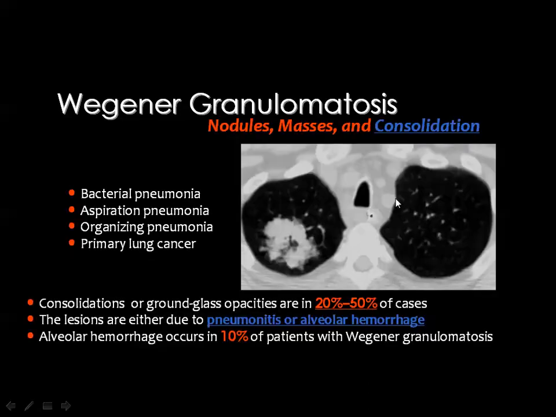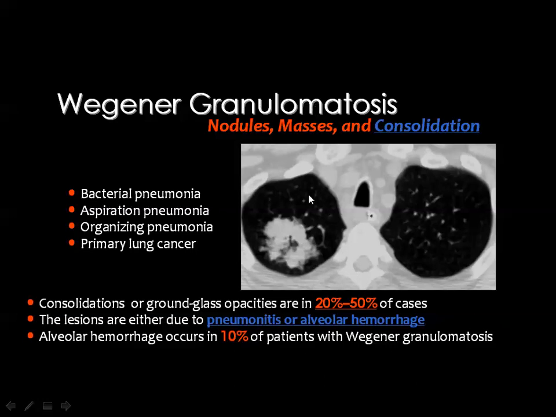Also, Wegener granulomatosis may present with areas of consolidation, and these areas may show internal air bronchogram. The cause is either infection or hemorrhage. Both can present with a consolidative area like this, and both are common in patients with Wegener granulomatosis.